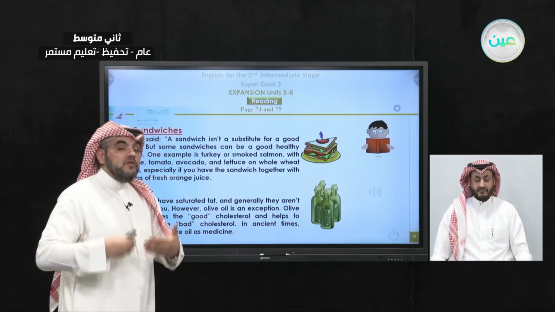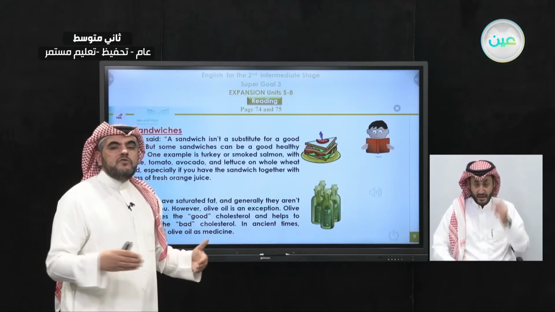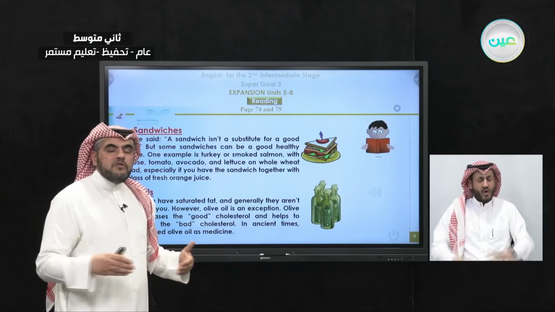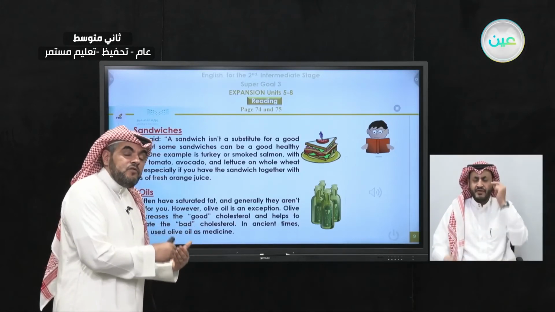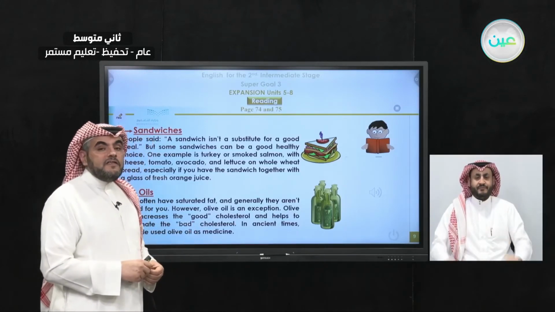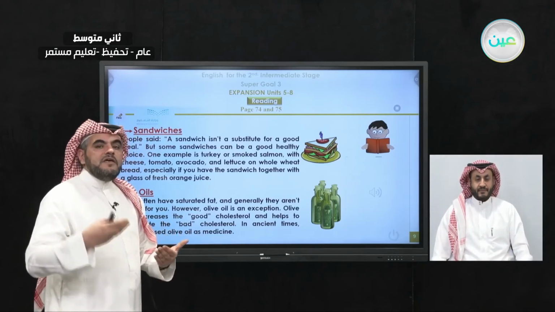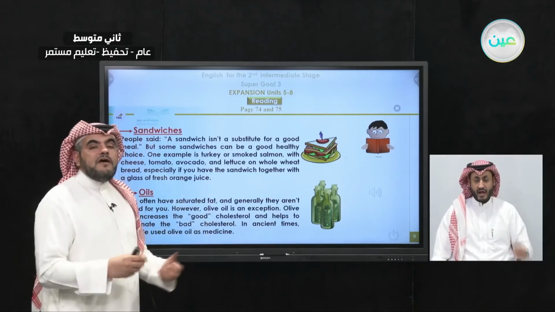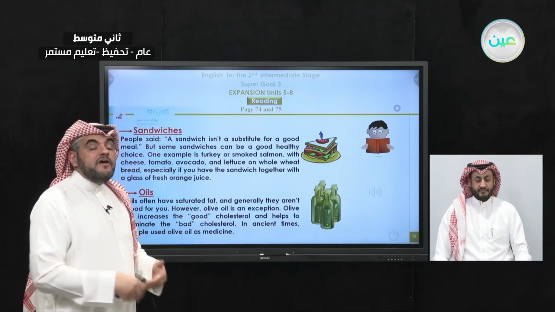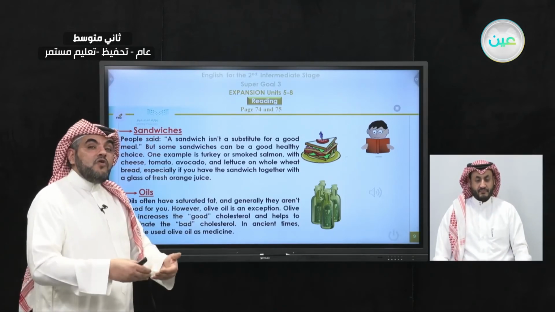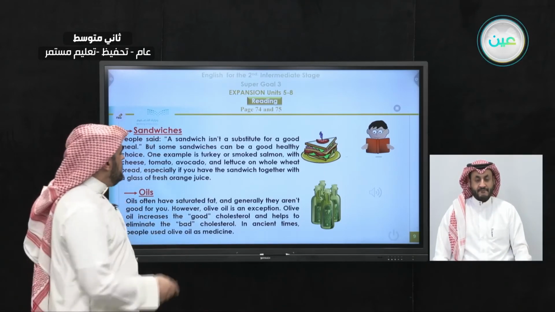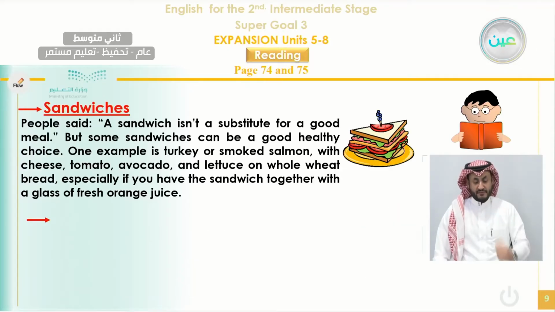Again, we tell you, during reading, you don't need to know all the words, all the vocabulary mentioned in the reading. You can guess the meaning and you can get the general meaning of the paragraph by guessing or predicting the meaning. Okay, so let's read and try to understand what is a sandwich and what are oils.